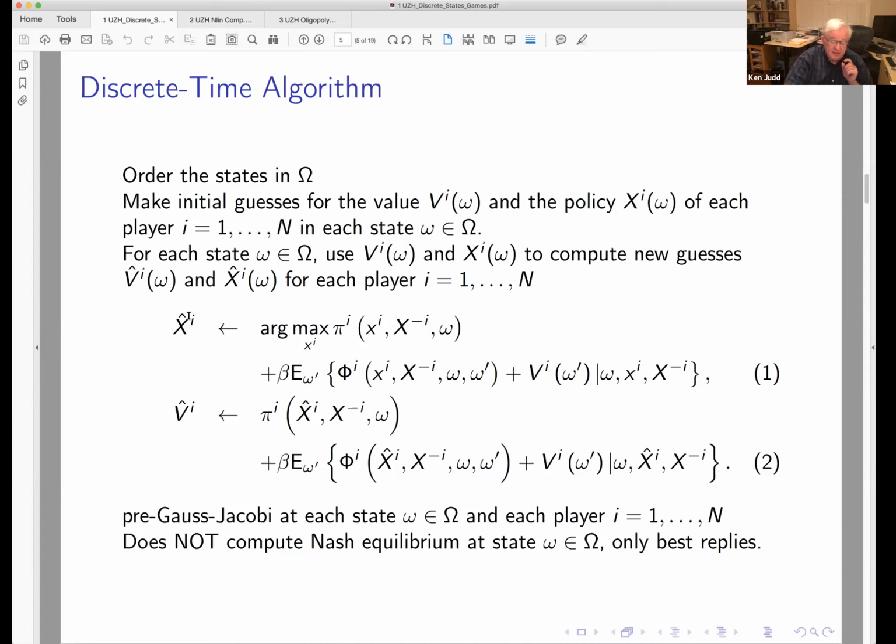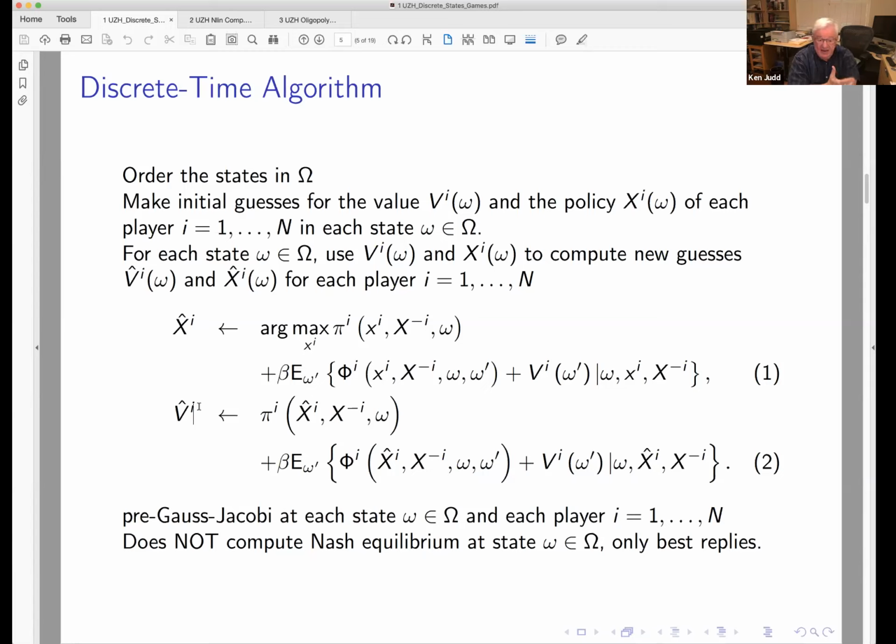And then you plug that value into the payoff, and that's your new value for the value function at state omega for firm i. Now notice that it's not that I'm at a state omega and compute the Nash equilibrium amongst all the competitors.